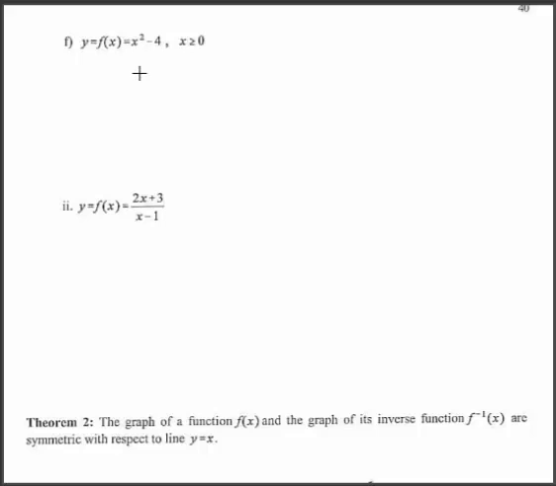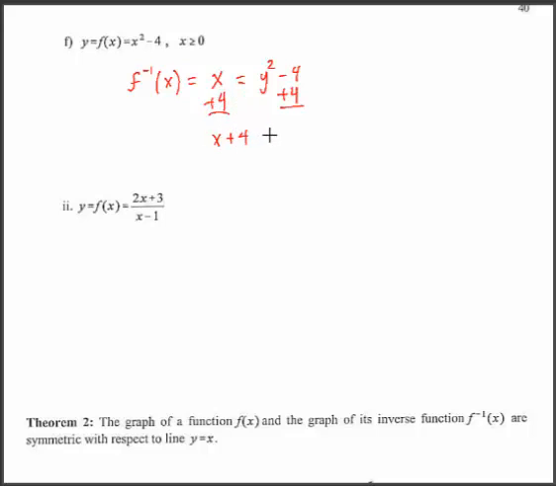So what we do is we say f inverse equals x. Instead of writing y, I write x, and then I write y squared minus 4, and I go through the same steps I did with the previous problem.